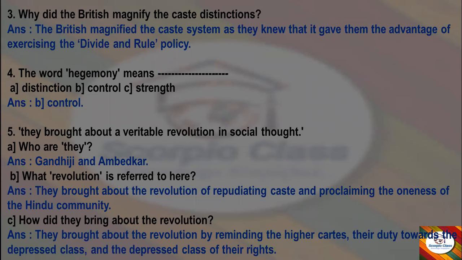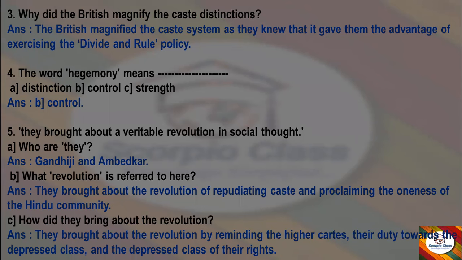Next question. They brought about a veritable revolution in social thought. Who are they? Answer: it is Gandhiji and Ambedkar. What revolution is referred to here? Answer: the revolution of repudiating caste and proclaiming the oneness of the Hindu community.